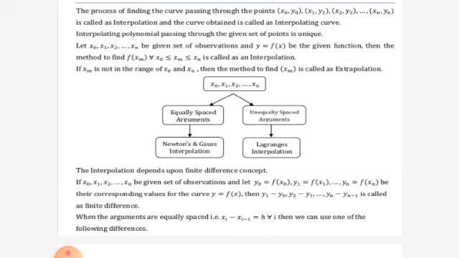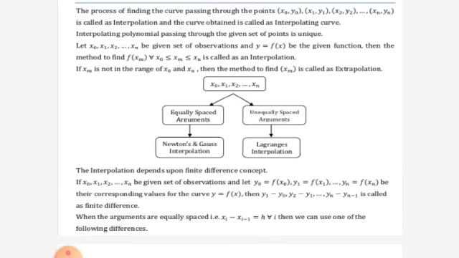If the points of x are a given set of observations and y0, y1 are their corresponding values for the curve y, then y1 minus y0, y2 minus y1, and so on up to yn minus y(n minus 1) are called finite differences.